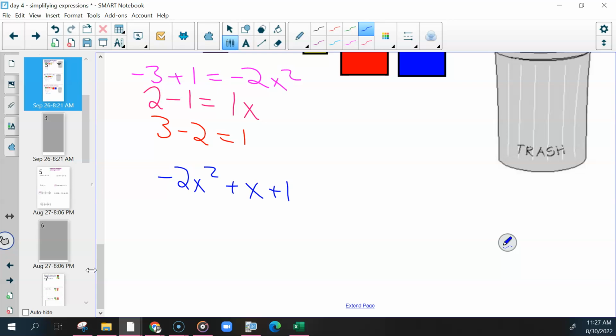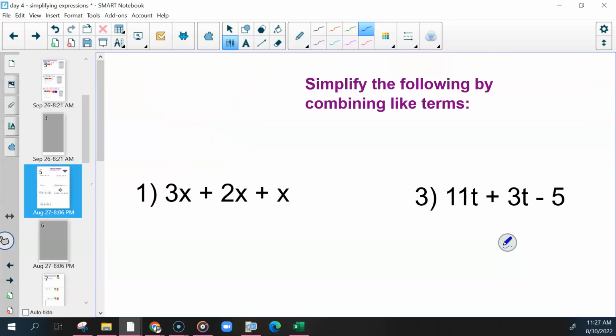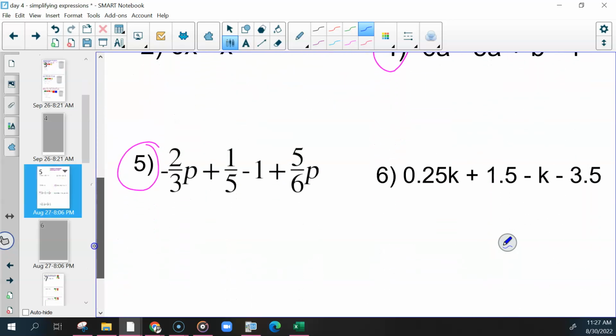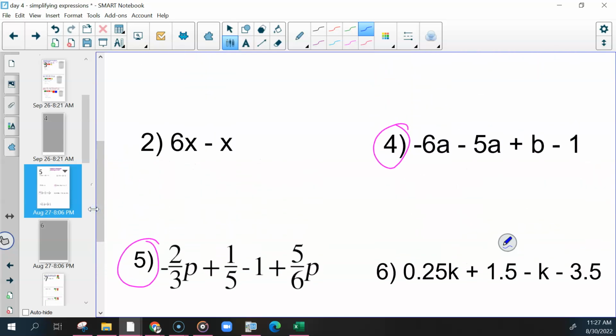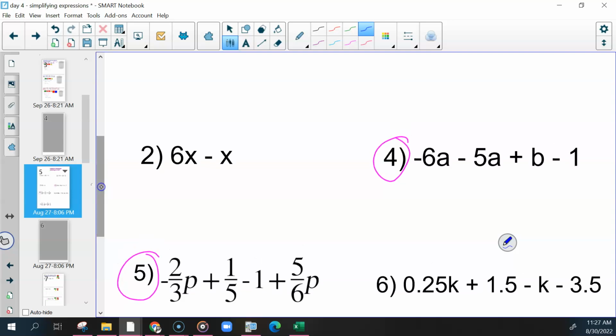Alright. So on this next page, I'm going to do a couple of these with you, and then I want you to try some. So we're going to do number 4 and 5 together, and then I'm going to let you try some, and then we'll move on to next. First, I should say this.